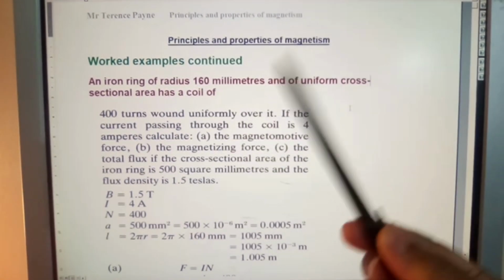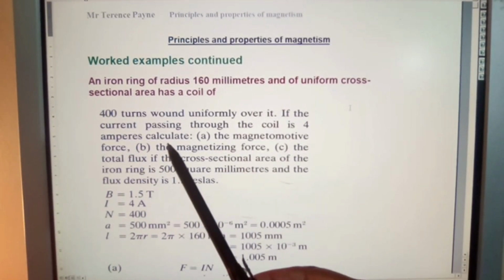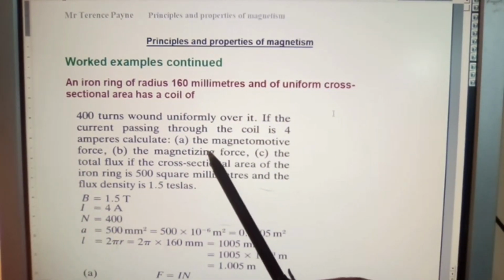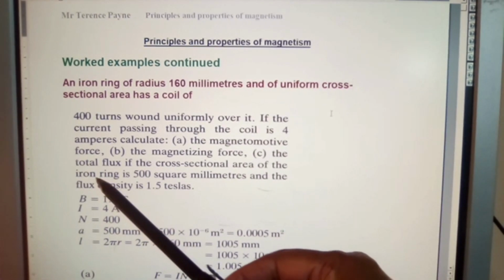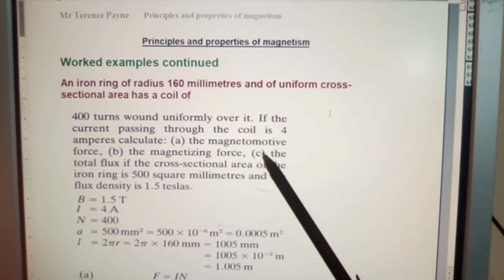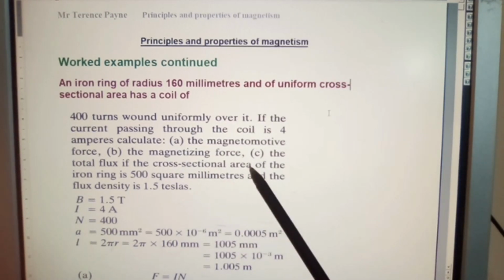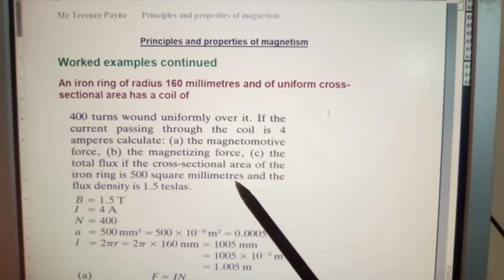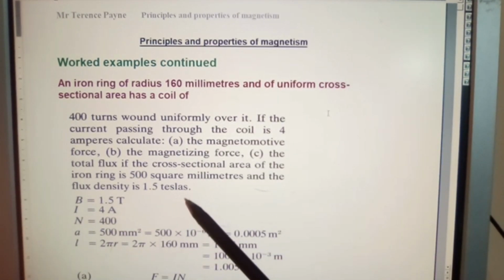If the current passing through the coil is 4 amperes, calculate A, the magnetomotive force, B, the magnetizing force, C, the total flux if the cross-sectional area of the iron ring is 500 square millimeters and the flux density is 1.5 teslas.